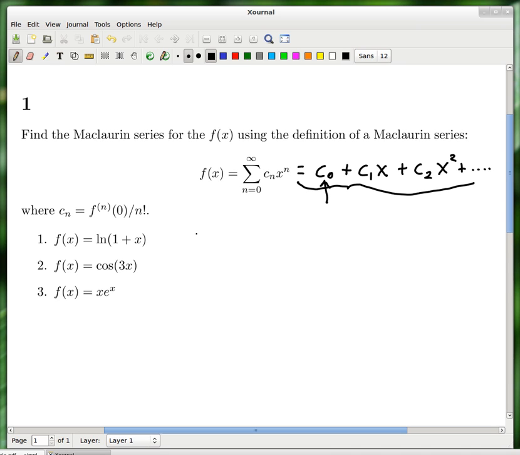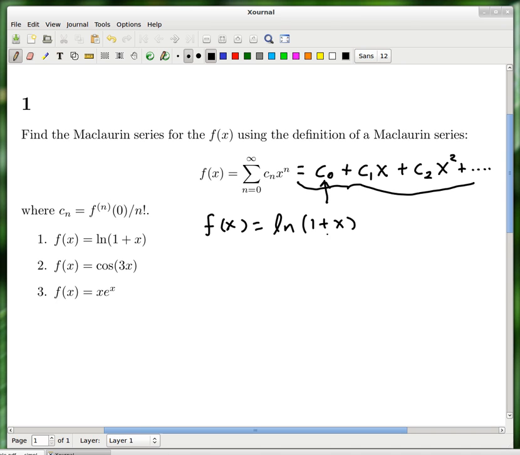Only certain functions, these nice functions that we're going to be dealing with, have some regularity in their derivatives that makes this easy to figure out. So let's get started. We're going to try to figure out a rule for what the nth derivative of the function is. The 0th derivative of the function is just itself, which is natural log of 1 plus x.